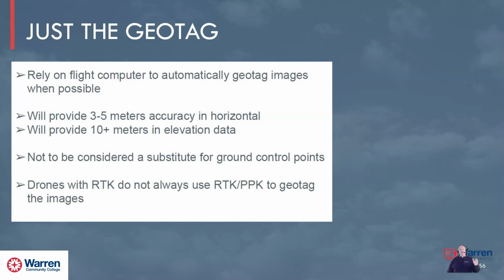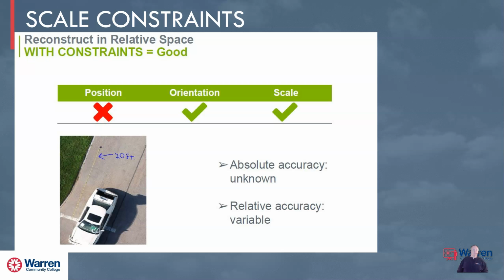And remember, even if your drone has RTK or PPK, it doesn't always use it to geotag the images because you have to set it up and make sure it's working properly and know what you're doing. So, and again, you'll see there's your scale constraint there, the tape measure. This will come later. You'll be actually processing these exact images from the PIX4D manual you're working on, but you can reconstruct in relative space.